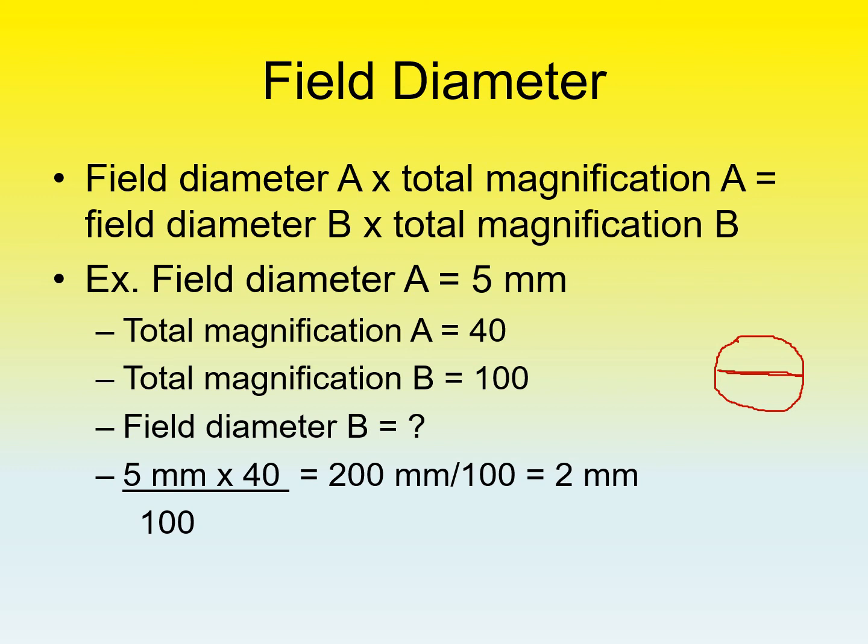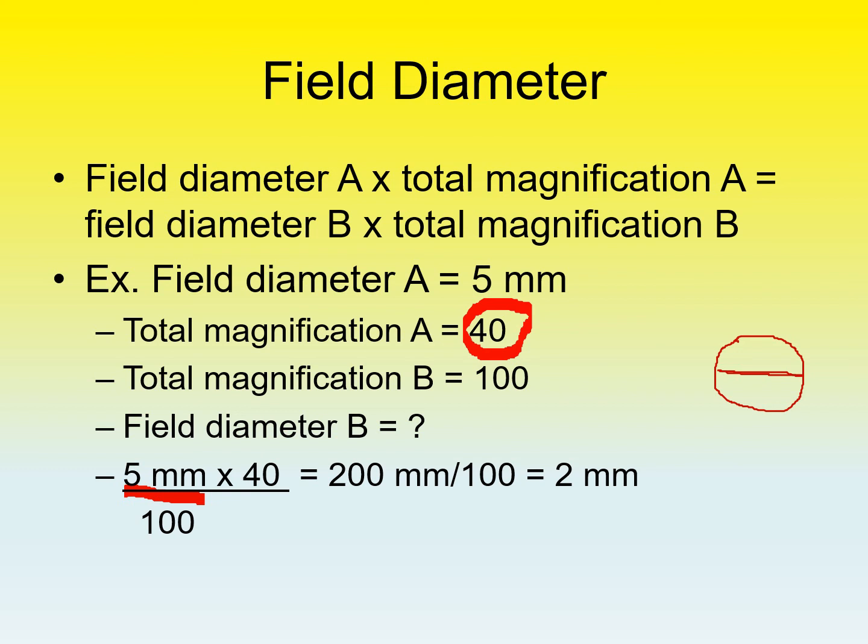What is the total magnification when using that particular objective lens? In this example, I'm saying it was 40. And if you want to figure out what is the field diameter at a different objective lens, in this case for B, which the total magnification is 100, I'm showing you the formula that you would use here. So you would take that field diameter right here, which you measured, and multiply it by the total magnification, which we have right here.